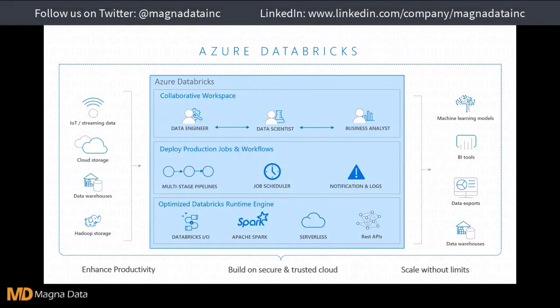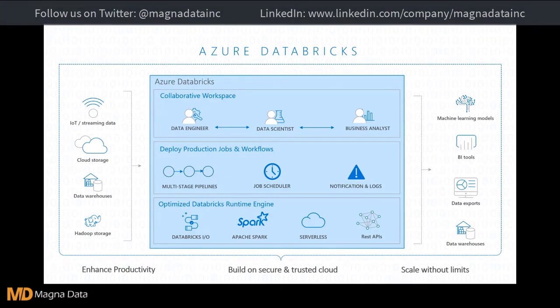Okay, so this is a typical deployment of Databricks. The way it works is that you can see the big blue box in the center. It has a collaborative workspace. If you have worked on any data analytics projects, you know that there's a huge gap between the data engineer, data scientist, and business analyst.